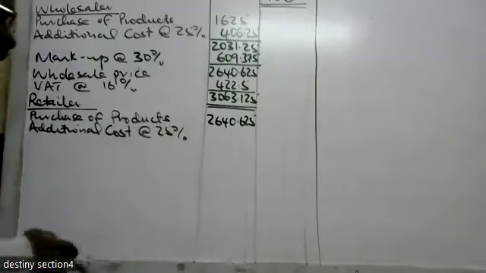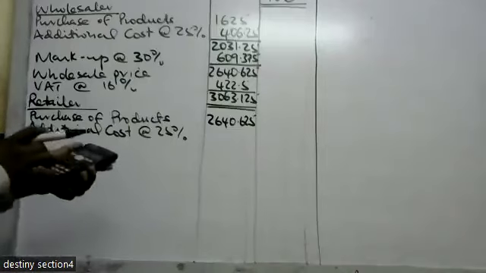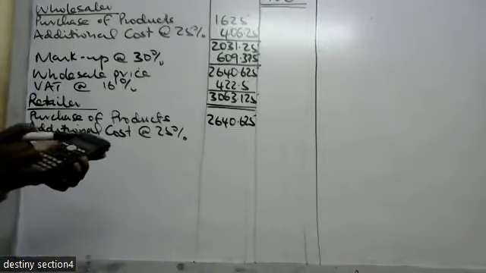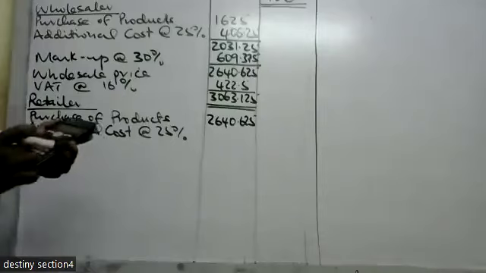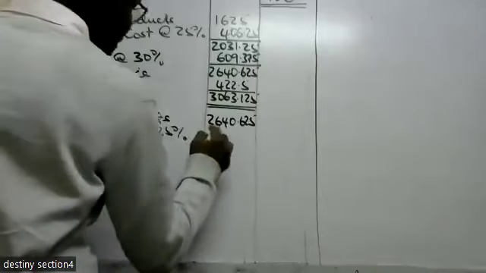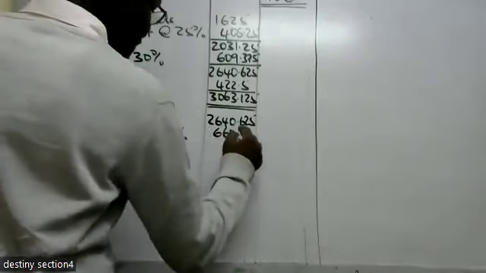So here maybe they've incurred transportation, labor, storage, just like the wholesaler. So 25% of this value, 2,640.625, we get 25%, and that is 660.156.